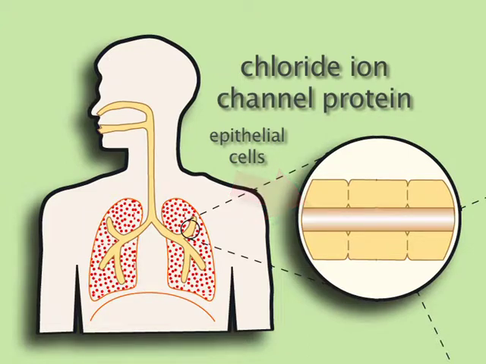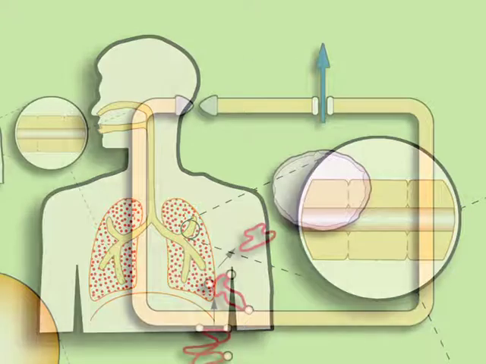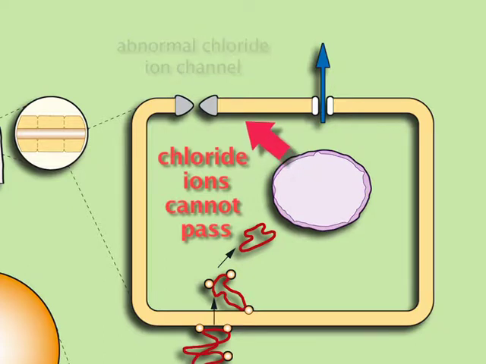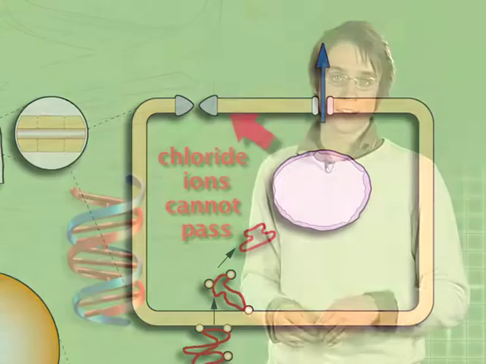If the protein is absent or not of the correct shape, so that it is not functioning correctly, then chloride ions cannot pass from these cells into the mucus being produced by the goblet cells. This means that sodium ions will not follow, and so water will also not follow by osmosis. The mucus in these areas is therefore thick and sticky.